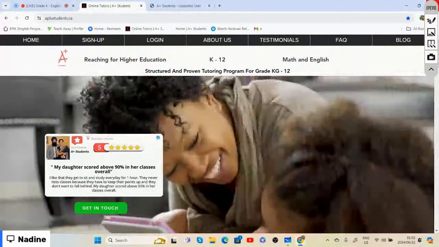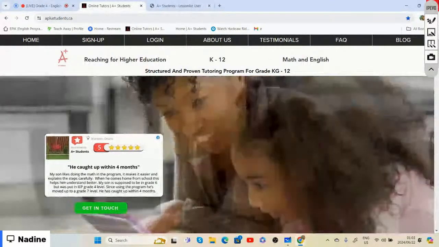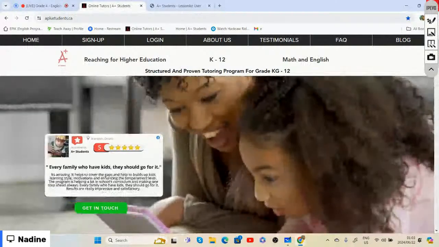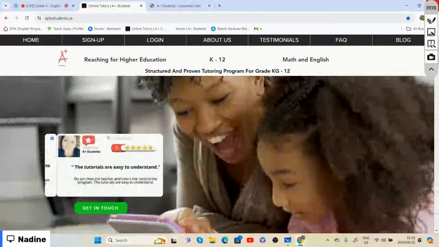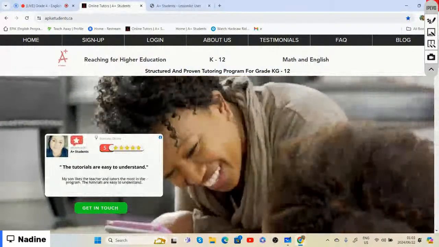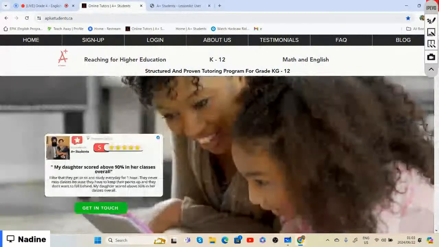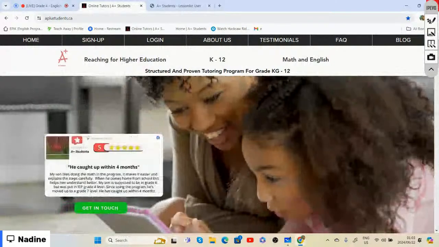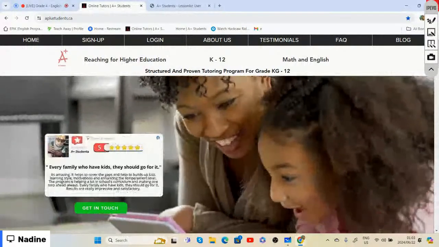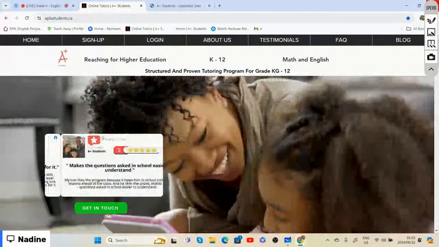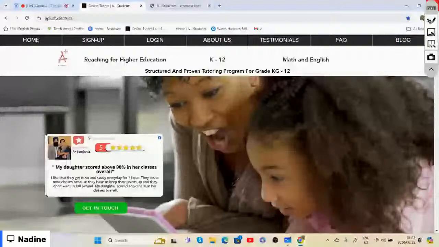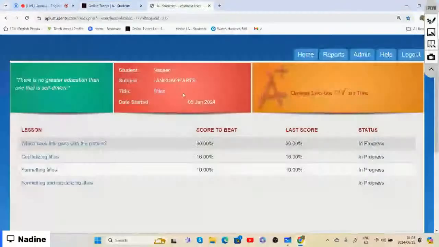And once you've logged on to aplusstudents.ca with our username as well as our password, then we're going to choose the subject of English Language Arts, grade 4, and then we scroll down until we get to the chapter of titles.